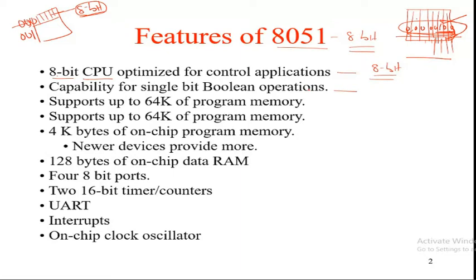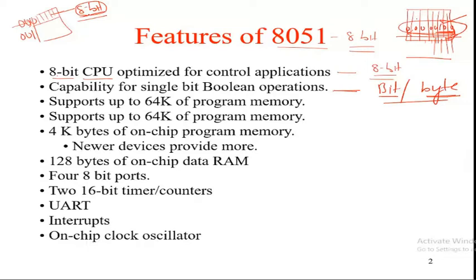So the type of operations the microcontroller performs is categorized into two types: bit addressability and byte addressability. Byte in the sense the complete 8 bits. In the processor, the complete 8 bits have to be taken out at the same time, so it provides only byte addressability.